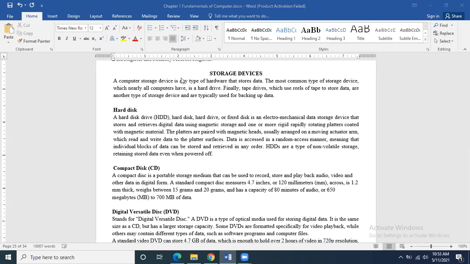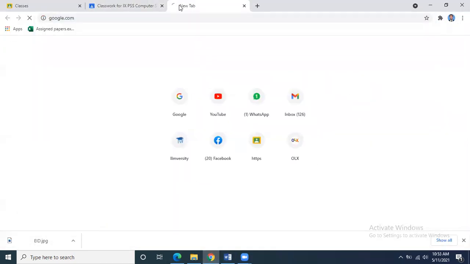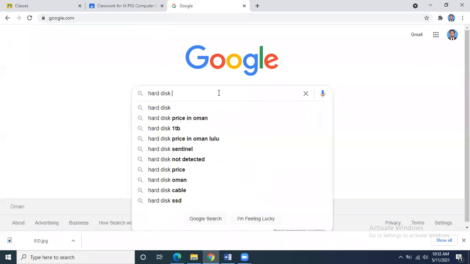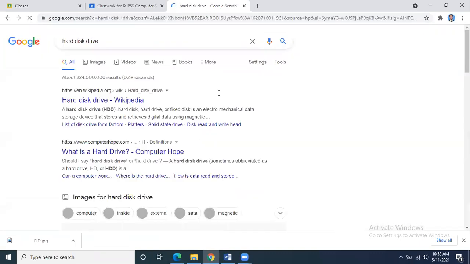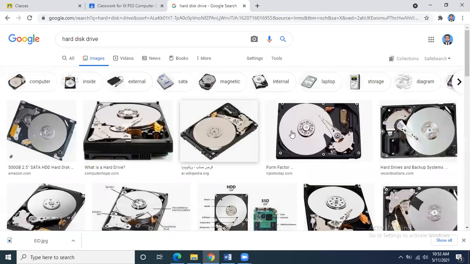You know that the hard disk drive is the most common device that we have in our computer systems. In the case of the hard disk, the disk and the drive are attached together. Why? Because you cannot detach the disk from the drive. The disk is attached inside the drive.